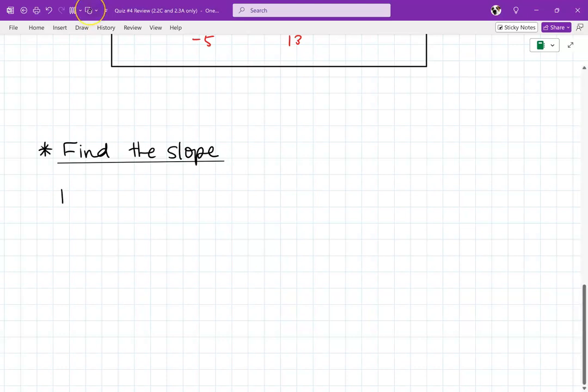So number 3. It is a 4 by 4, meaning 4 to the left, 4 to the right, 4 up, 4 down. But I'm only going to mark it up to 3.